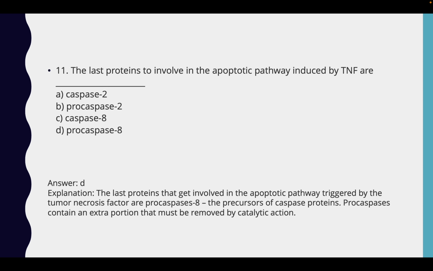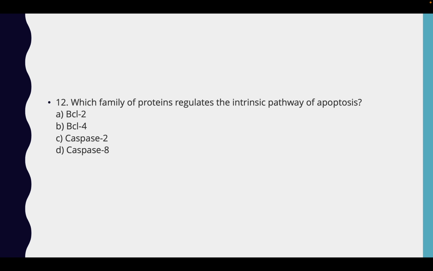So these procaspases contain an extra portion that must be removed by catalytic action. I hope you know the difference between procaspase and caspase. Which family of proteins regulate the intrinsic pathway of apoptosis?